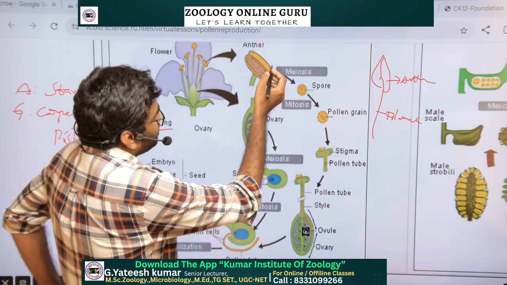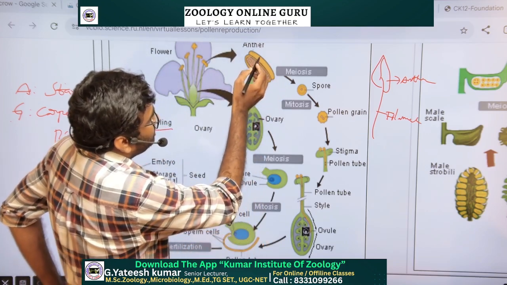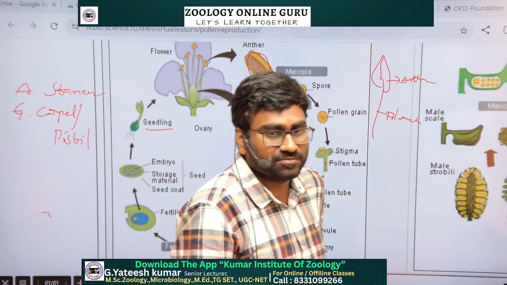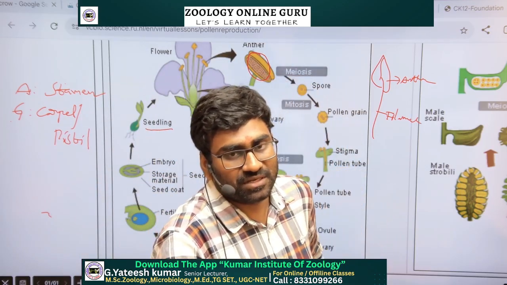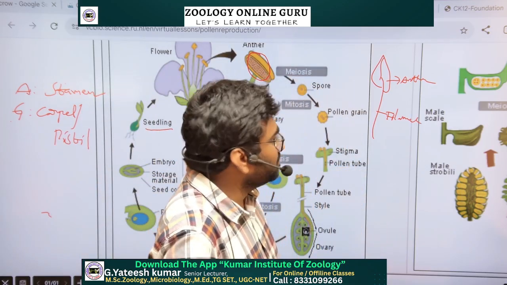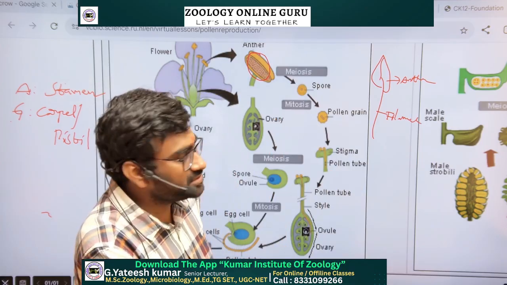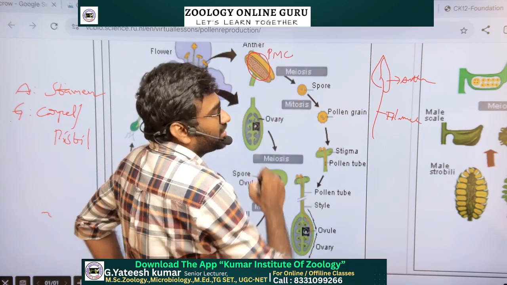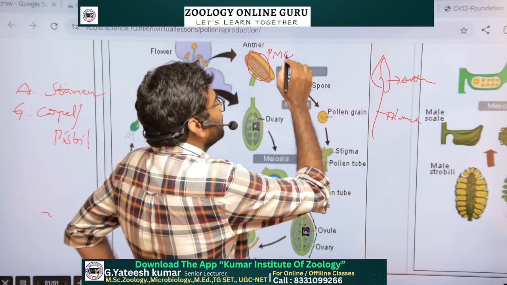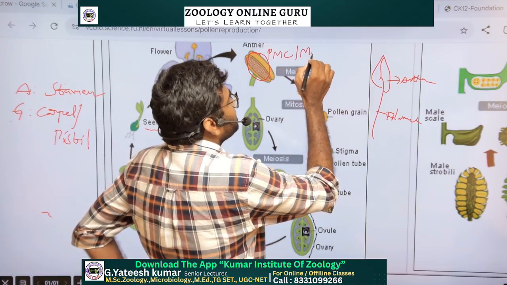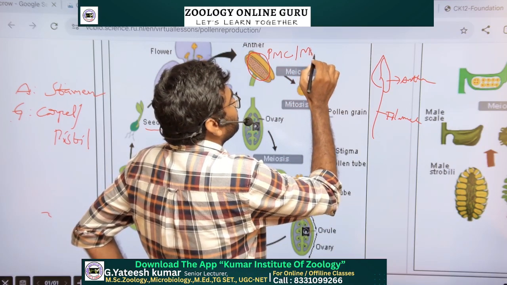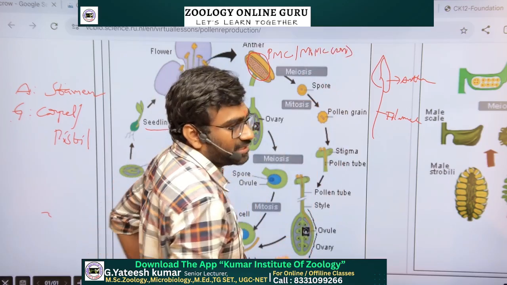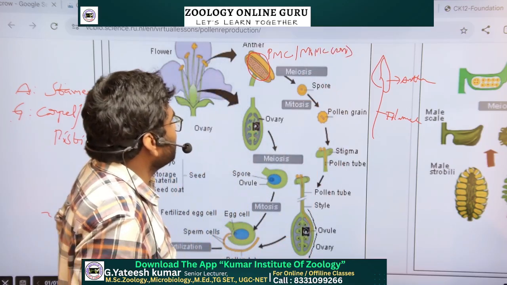Here this anther contains the sporogenous tissue. In the sporogenous tissue, pollen mother cells are present. We can call it PMC, or microspore mother cell, which is diploid in condition, right?